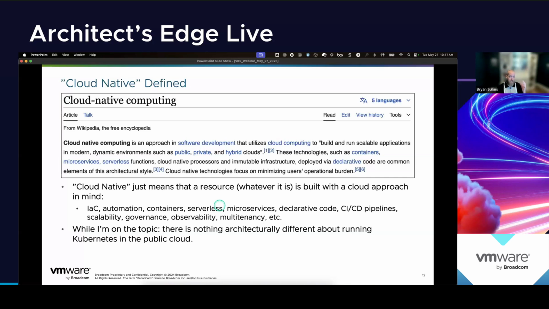When you create a Kubernetes cluster on EKS, that set of containers and that Kubernetes implementation runs as a set of containers inside a guest operating system on a VM on a hypervisor. When you create a VKS cluster in VMware, that set of containers runs inside a guest operating system inside a VM on a hypervisor. There is nothing architecturally different about running a thing in the public cloud.